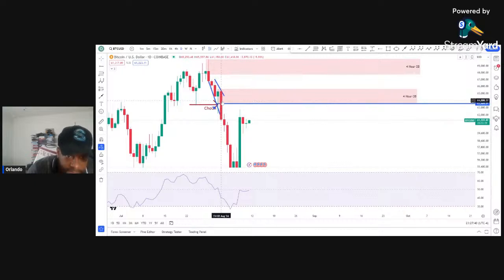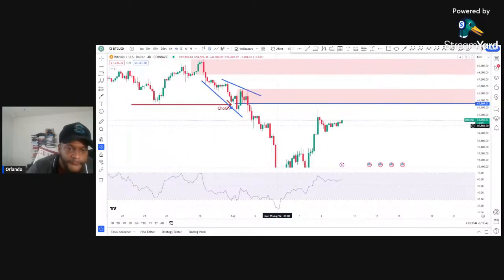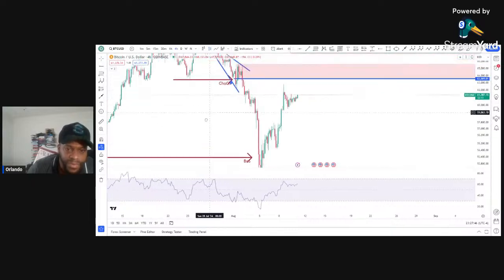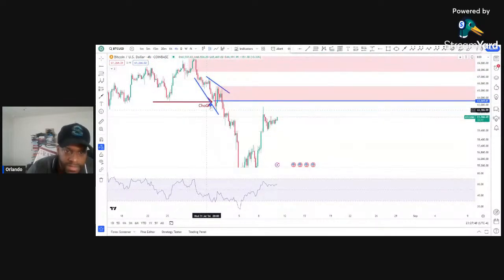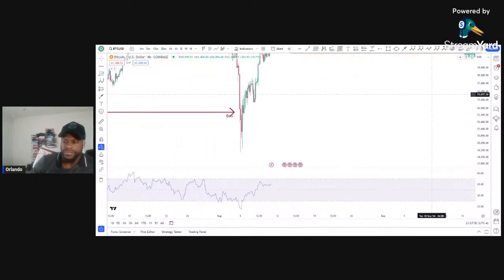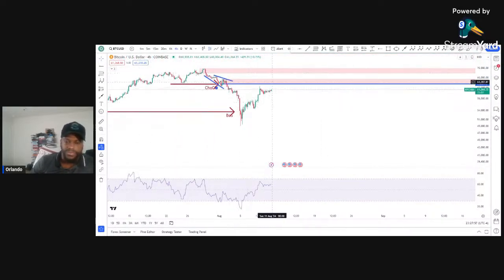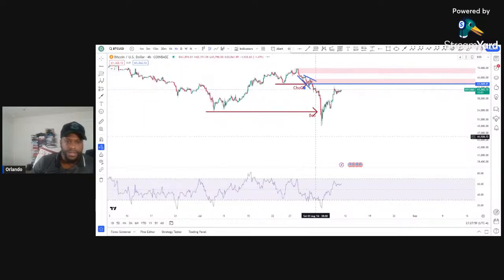This is smaller. Yeah, some imbalance right there. We still got the zone at the top that price may push through and then come to this.